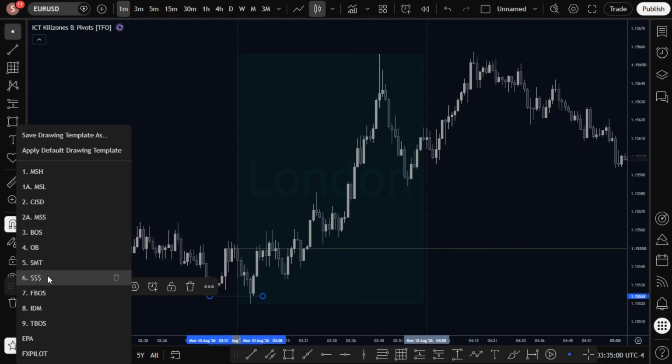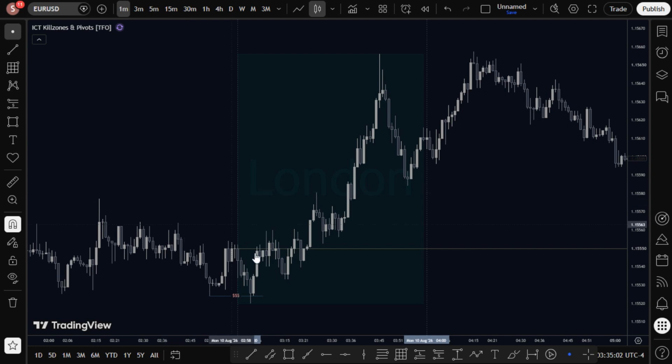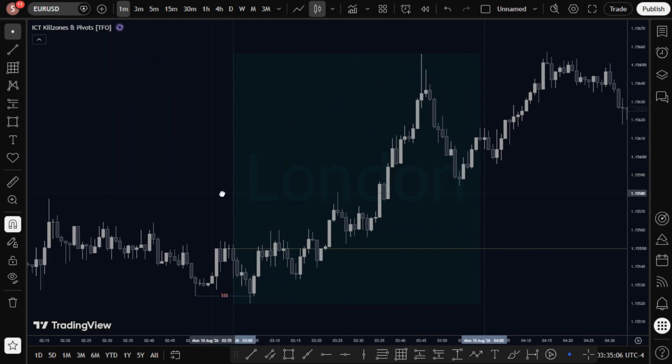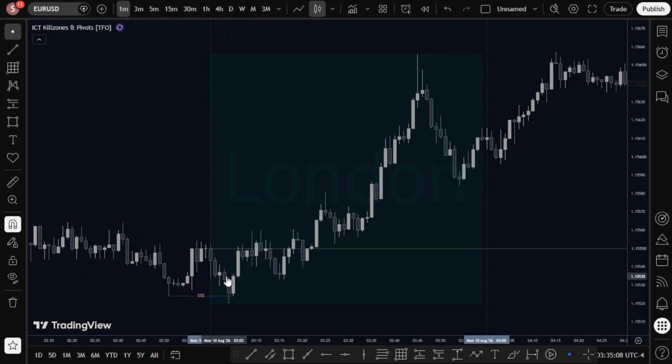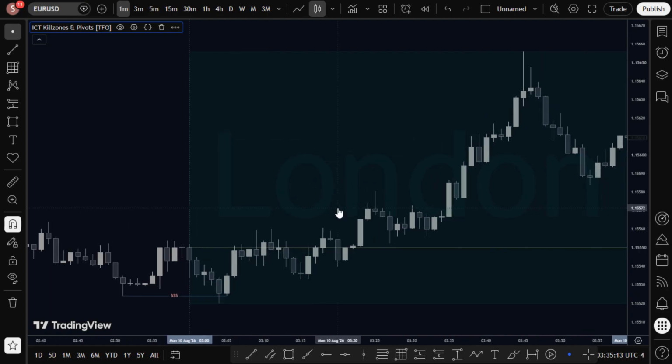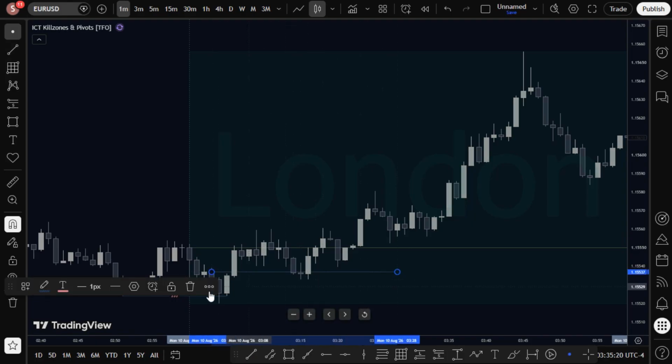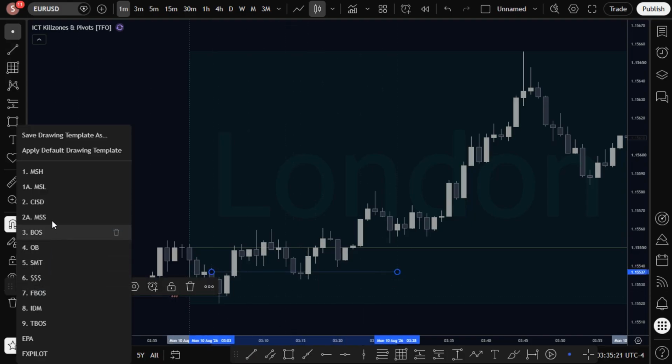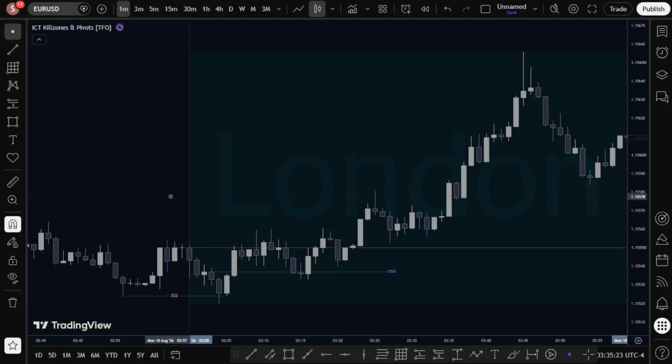All right, so now remember I said at least two should be present. So we have a sweep of liquidity, then we have a change in state of delivery. Look at it very well. We have a change in state of delivery. That's condition 2. Then we also have a breaker.